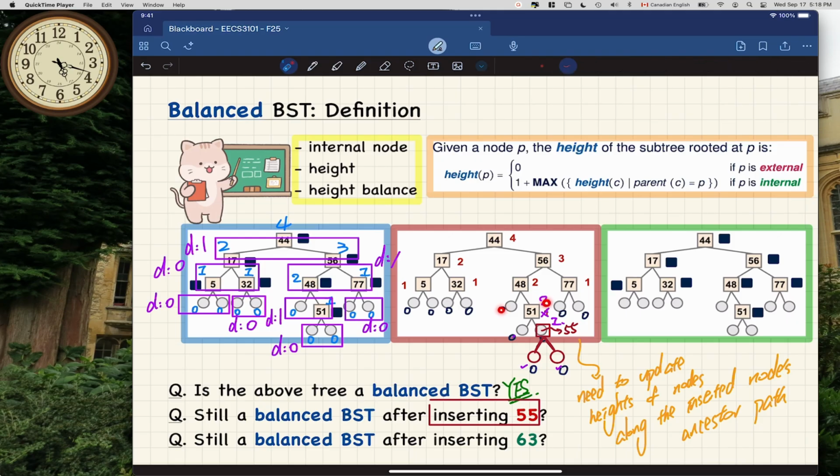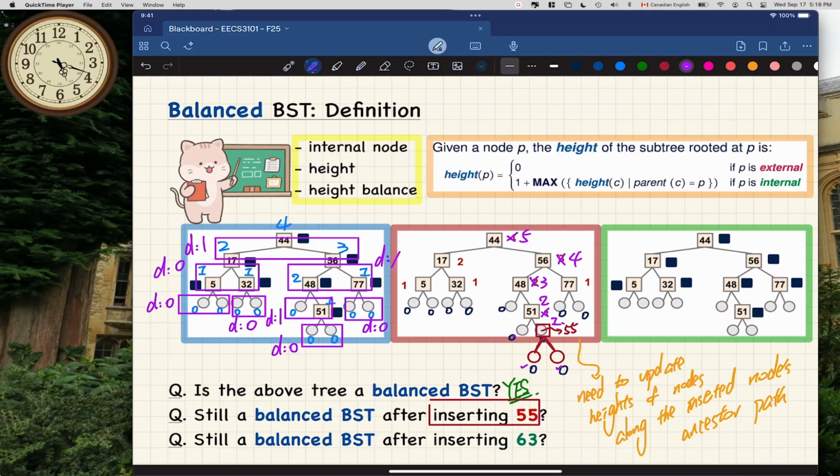Maximum is 2. So this one should be 3. And then 3 and 1, maximum is 3 plus 1, so this should be updated to 4. 2 and 4, maximum is 4 plus 1, we got 5. Guys, follow so far? Right?